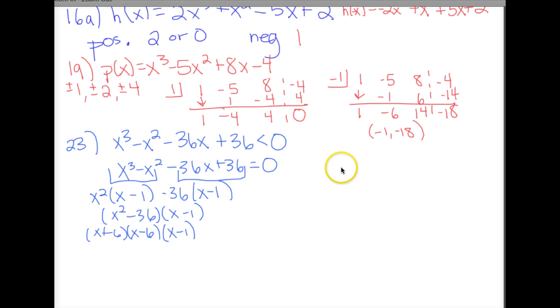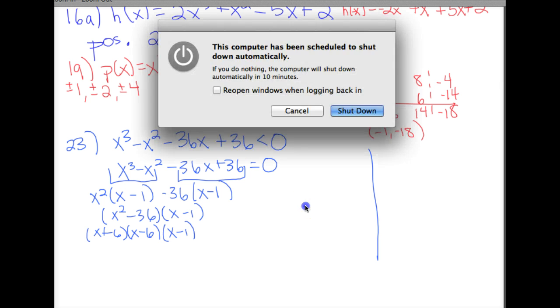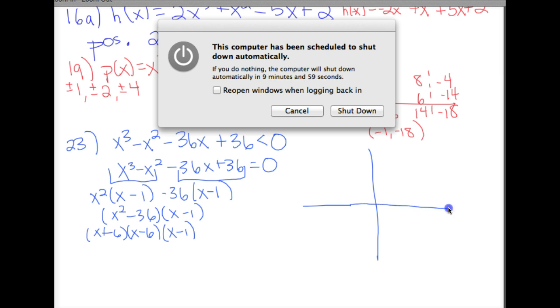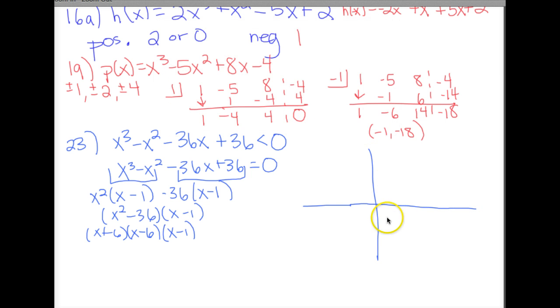So when you draw your graph, and you must draw a graph, it's part of your work. These ones, you do not have to have accurate mins and maxes, because the graph isn't your answer, it's your work.